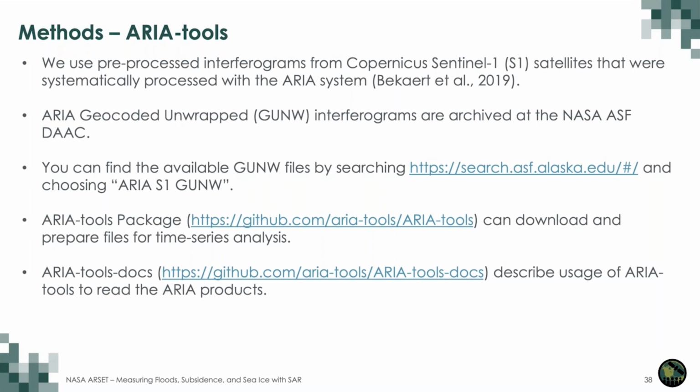And you can find the available pre-processed data by searching at the Alaska Satellite Facility DAAC search tool. And you can also download the data through the ARIA tools package. The ARIA tools package is written here, and there's documentation for that at their ARIA tools documentation GitHub.